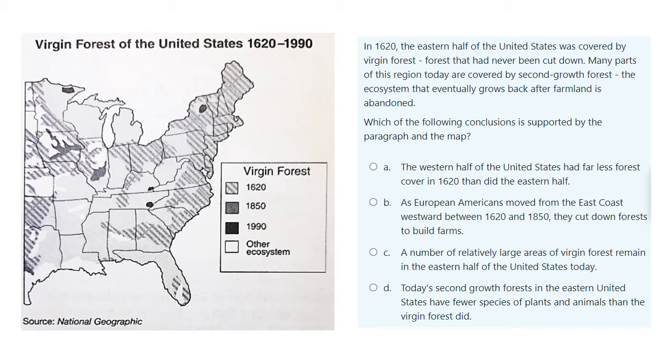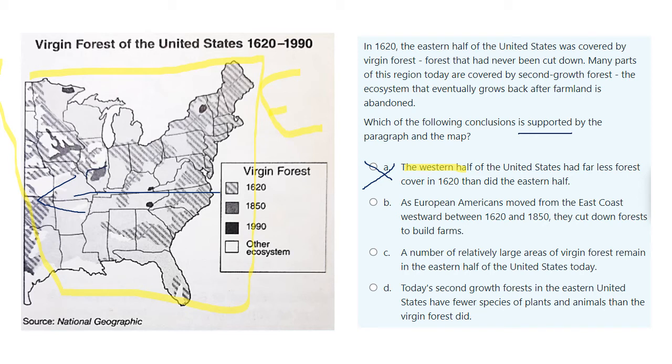The western half of the United States had far less forest cover in 1620 than the eastern half. Well, if we look at our map, we only have the east. We do not have any information about the West, so this is not supported. B, as the European Americans moved from the East Coast to the West, between 1620 and 1850, they cut down forests to build farmland.